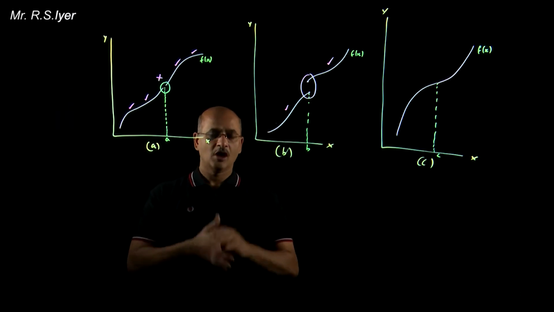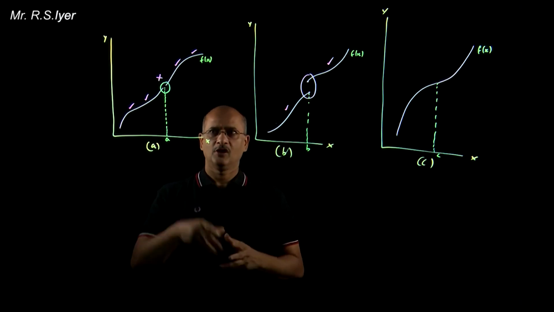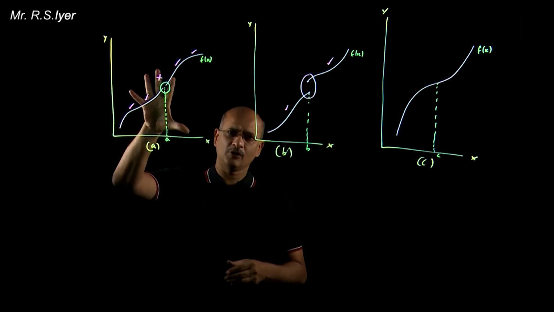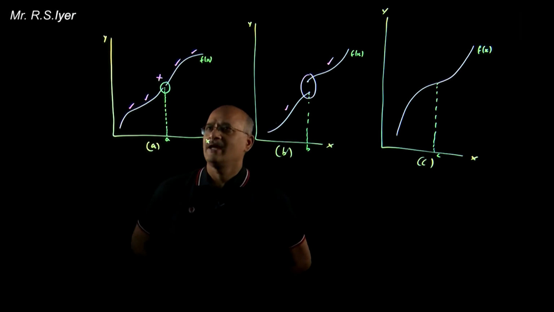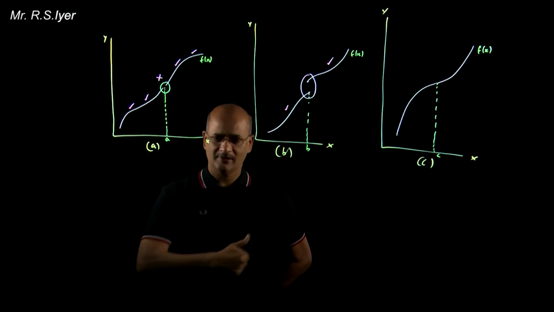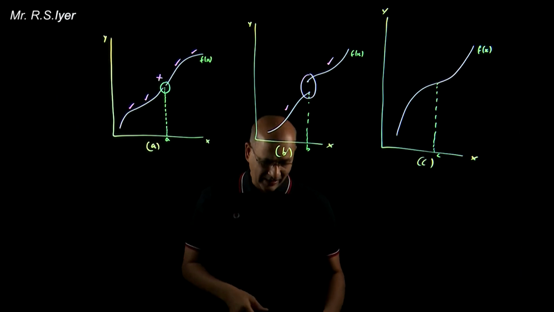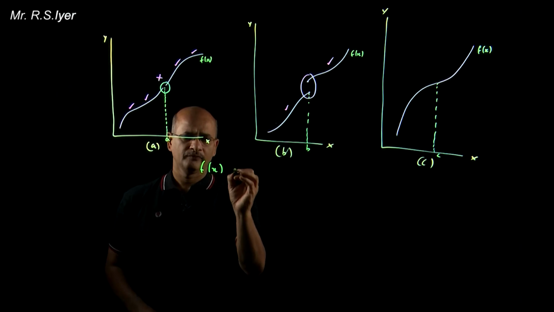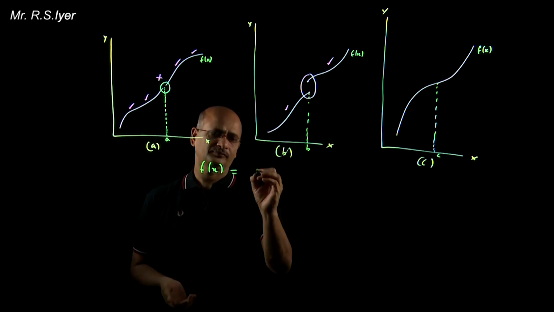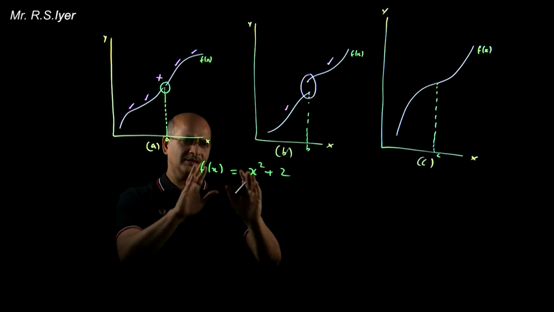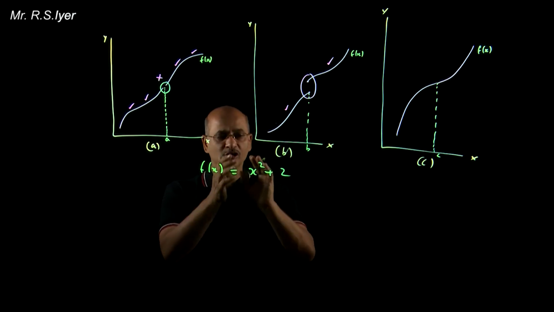Fine. I want to remind you, a graph is put in front of you. I can see the graph and tell, oh, it's discontinuous, it's continuous. But what happens, suppose I give you a function in terms of an algebraic function, x square plus 2, and I say discuss the continuity of this function.